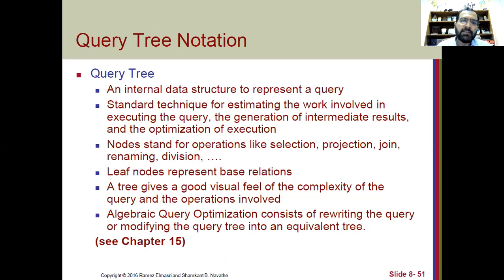So nodes stand for operations, as I told you earlier: the select operator, the project operator, the join operator, division, renaming, union, intersection, and so on. And the leaf nodes in the tree are represented as base relations. Our tree gives a good understanding of what we are doing.